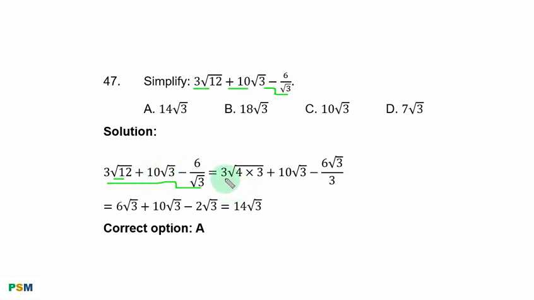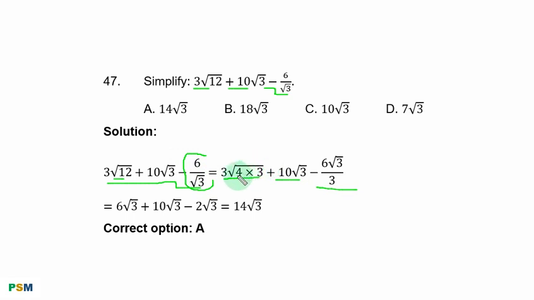So you have 3 root 4 times 3 plus 10 root 3. You rationalize this term using root 3 to multiply both numerator and denominator, and you have these results.